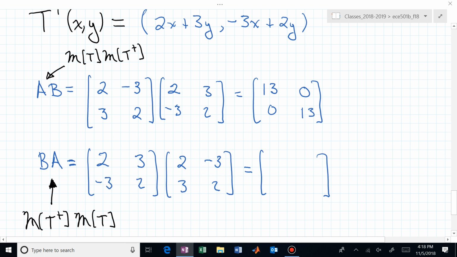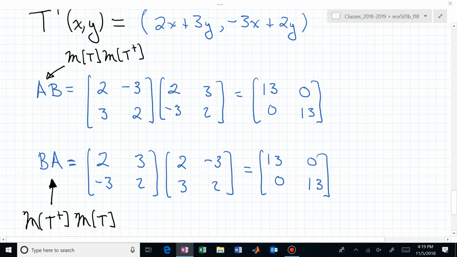I need to just concentrate, don't I, on what we're working through. And now what do we have for this product? The same as above. We now have 4 plus 9, or 13, in that element. We likewise have 9 plus 4 in the 2, 2. And we have 6 minus 6 in the off diagonals.